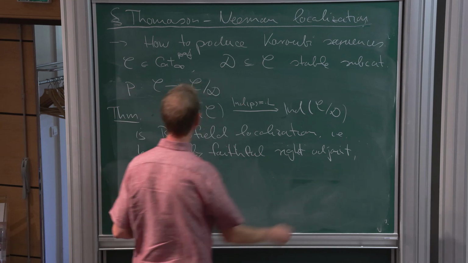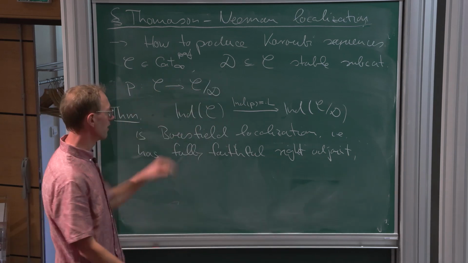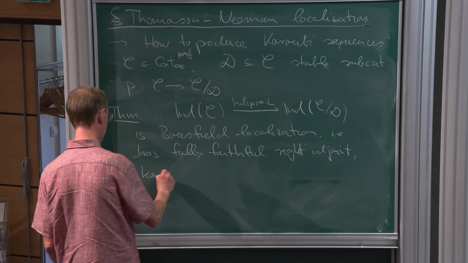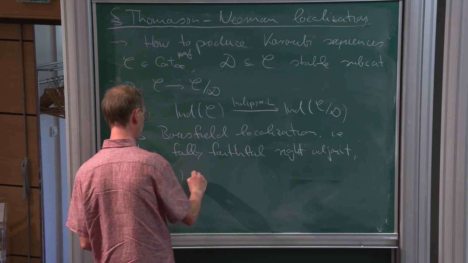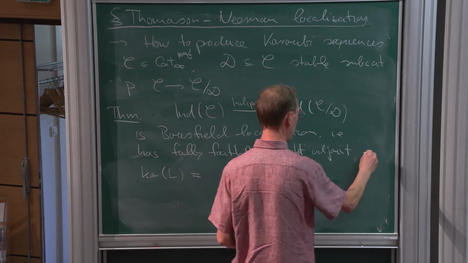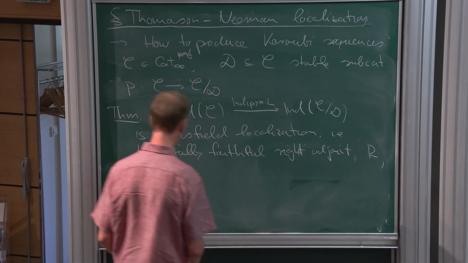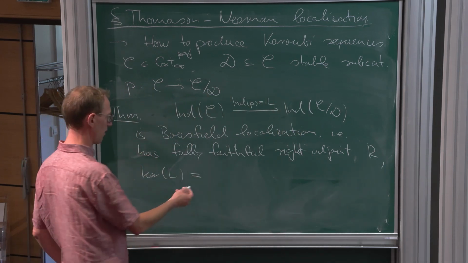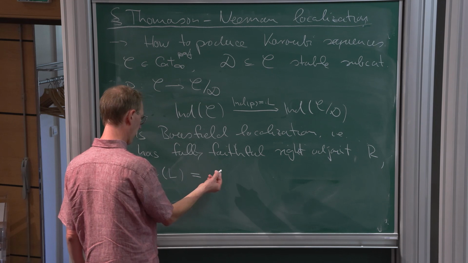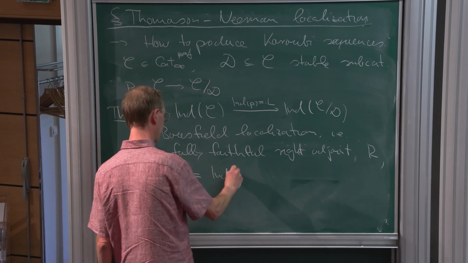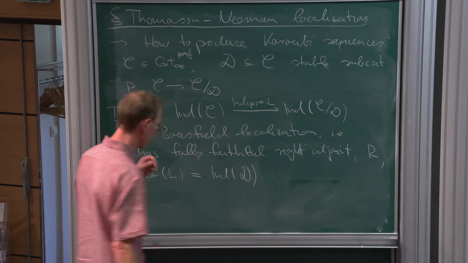And this is precisely given by the Ind-completion of D. The right adjoint has a name, R. And the kernel of the left adjoint, the localization functor L, is precisely the Ind-completion of D.